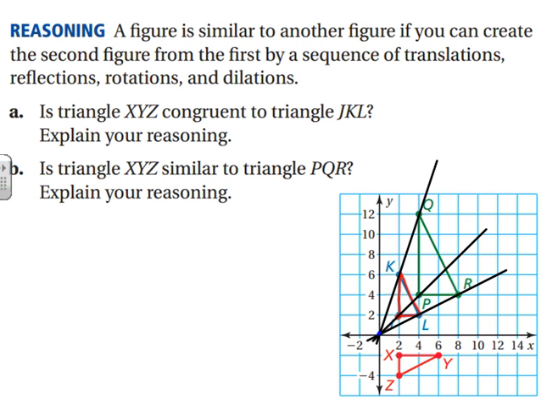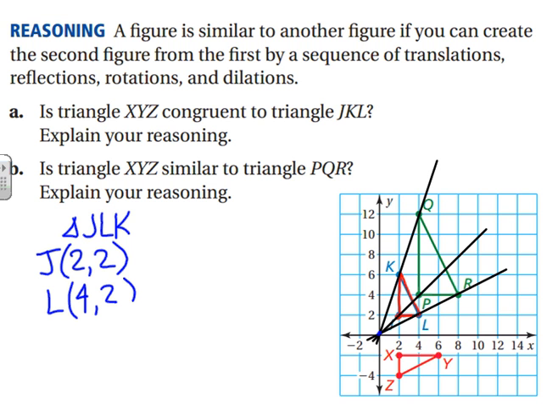So if I look at triangle JLK, that one has ordered pairs of 2, 2 at point J. L has an ordered pair of 4, 2, and K has an ordered pair of 2, 6.